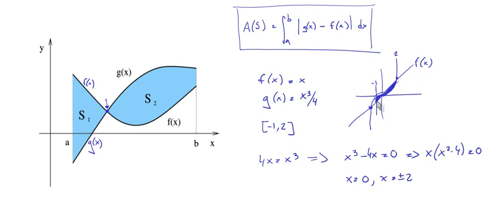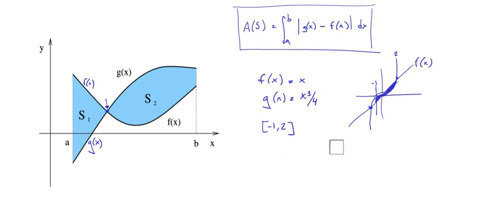Between minus 1 and 0, g, the cubic polynomial, is greater than f, and between 0 and 2, f is greater than g. So the area of this function is the integral between minus 1 and 2 of the absolute value of g minus f.